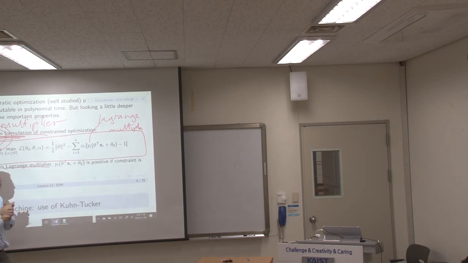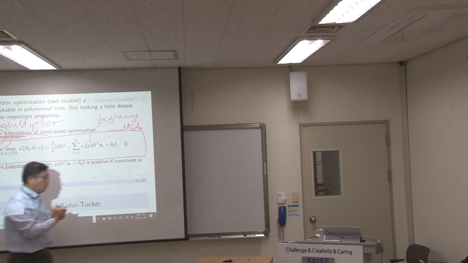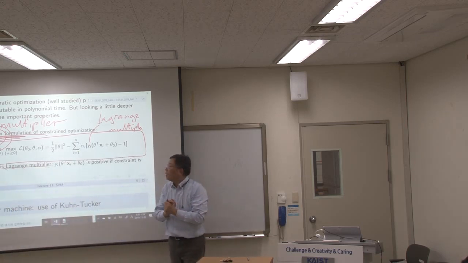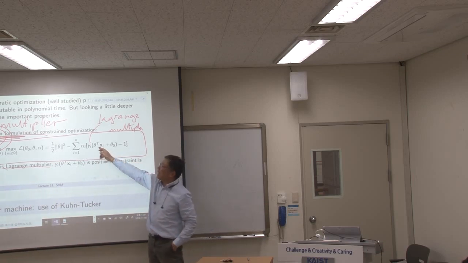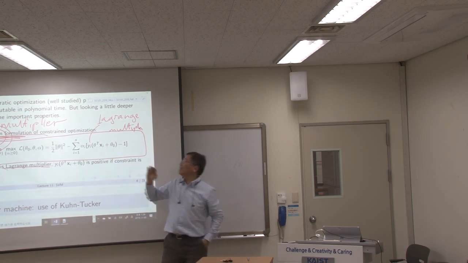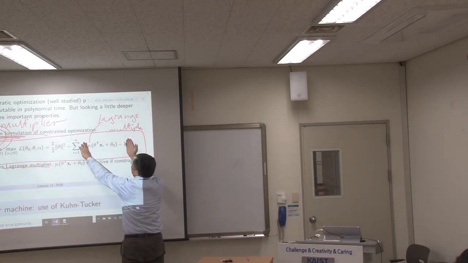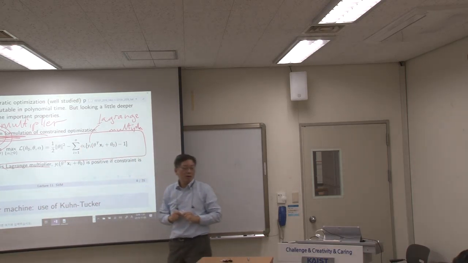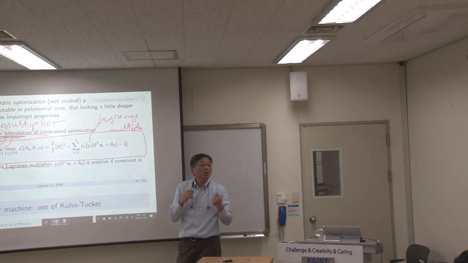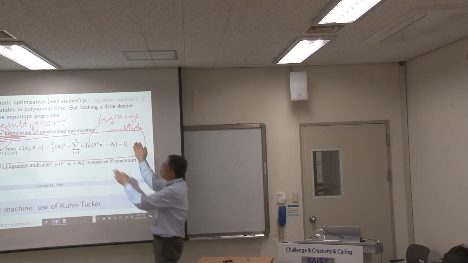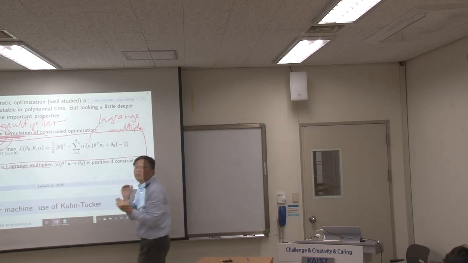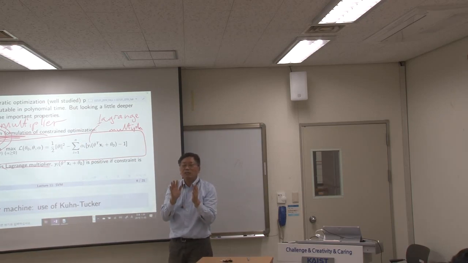So now I want to say this. Which of the xi's will have this equal to 0? Which of the training data will make this thing equal to 0? Support vector. Now first of all, I want to say this.